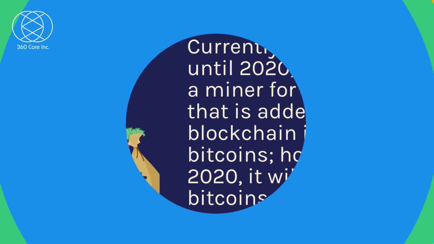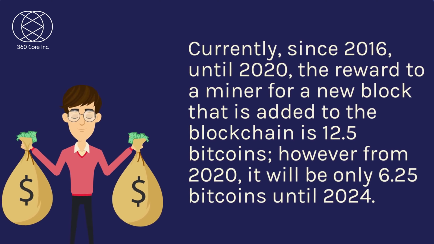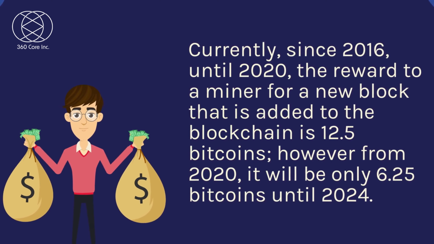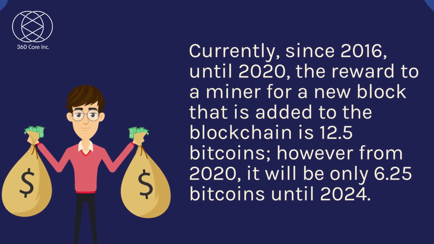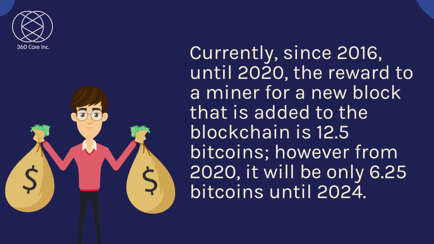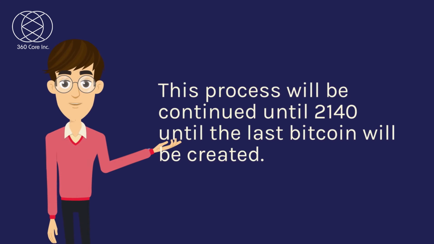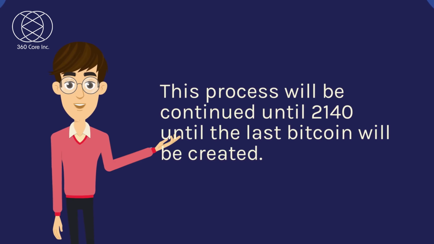Currently, since 2016 until 2020, the reward to a miner for a new block that is added to the blockchain is 12.5 Bitcoins. However, from 2020, it will be only 6.25 Bitcoins until 2024. This process will be continued until 2140 until the last Bitcoin will be created.